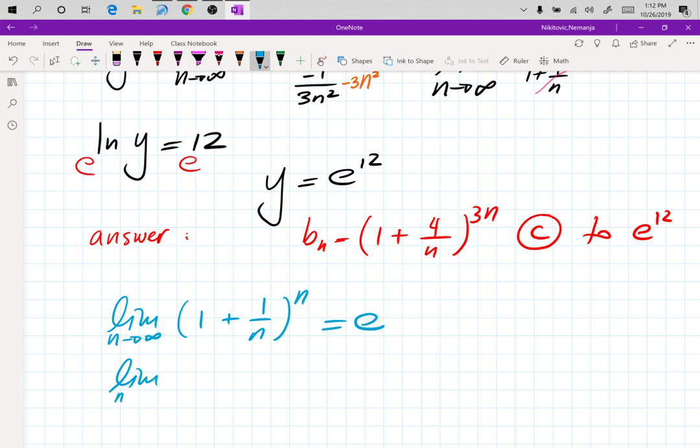And the supercharged version is (1 plus a over n) to the bn is equal to e to the ab. So for me, when I look at this problem, all I need to do is multiply 4 times 3 is 12, and I know it's e to the 12, and I'm done. But I know what I'm looking for, right?